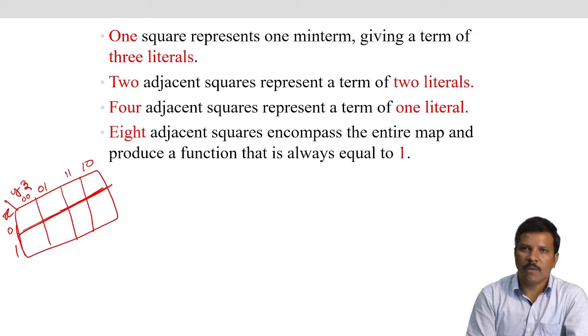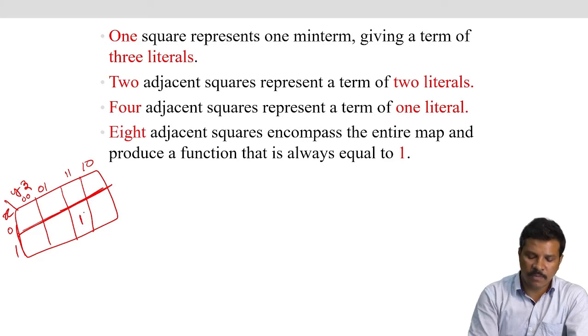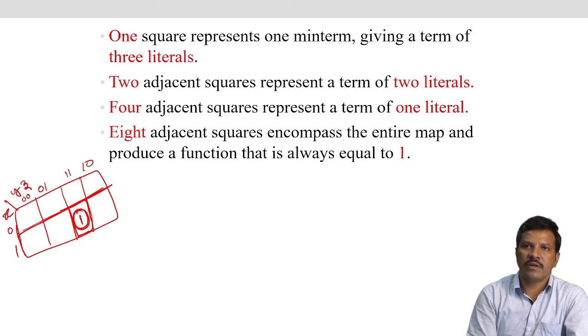Whenever we have a Boolean function with only one minterm, there is no possibility to minimize. Take that one minterm, and one square box can be considered for that Boolean function. One square box represents one minterm, giving a term of 3 literals.